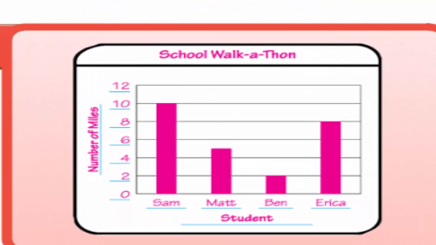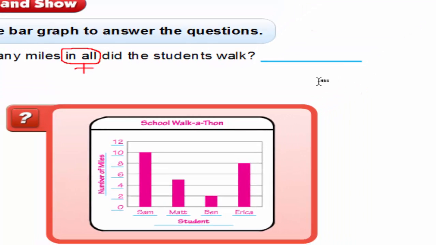Here is our bar graph again. We have Sam's 10 miles plus Matt's 5 miles plus Ben's 2 miles plus Erica's 8 miles equals. I'm going to use the associative property.